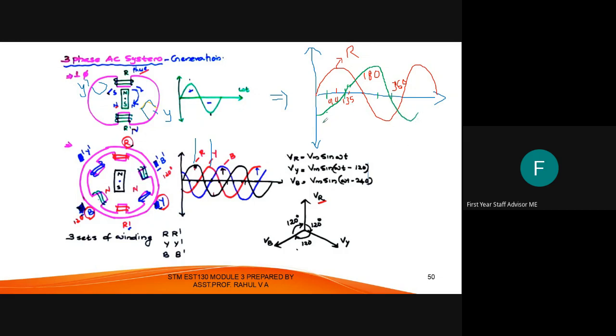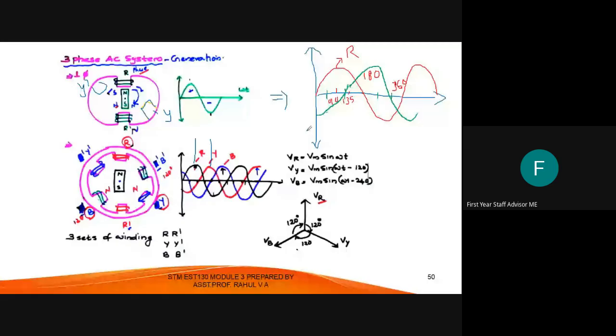Let me say it once more. There is the R winding and the Y winding. The magnet is straight to the R winding where the peak induced voltage happens.